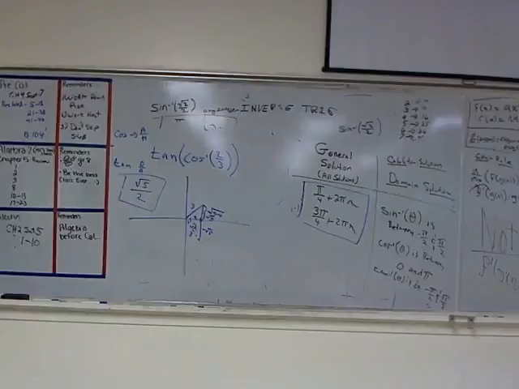Due Wednesday is 5 through 18, 21 through 38, 41 through 46, and the bonus is 104. Okay, 5 through 18, 21 through 38, 41 through 46, bonus is 104.